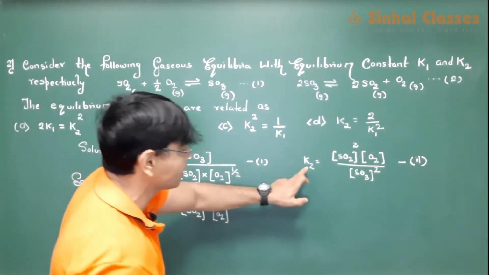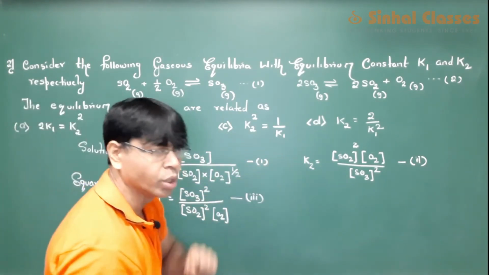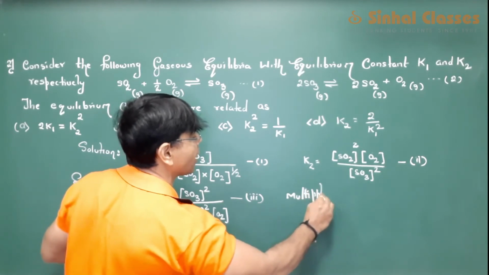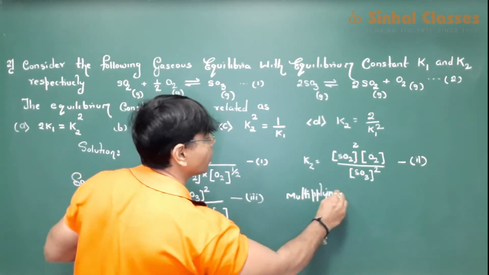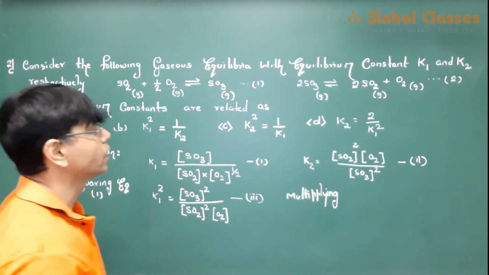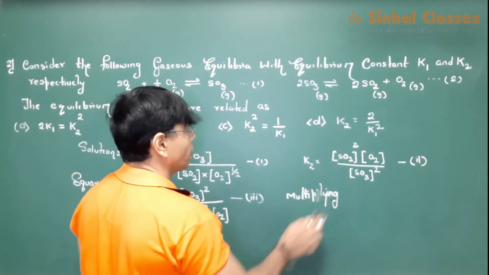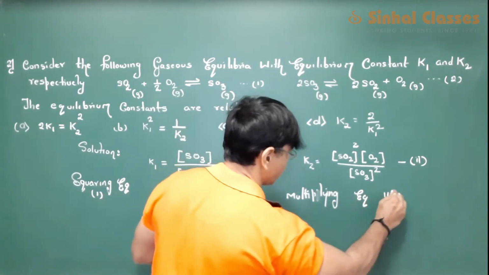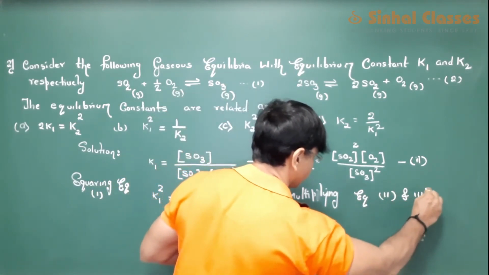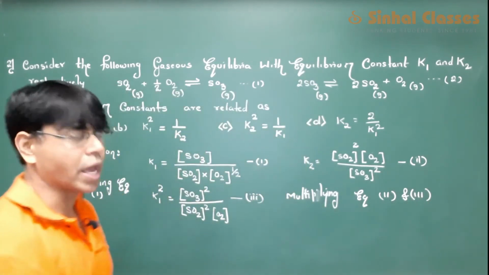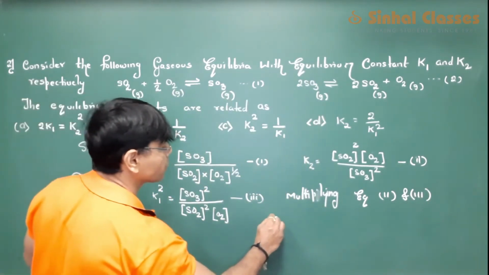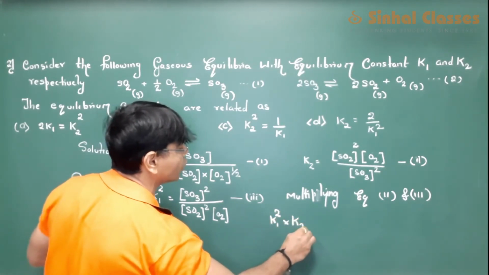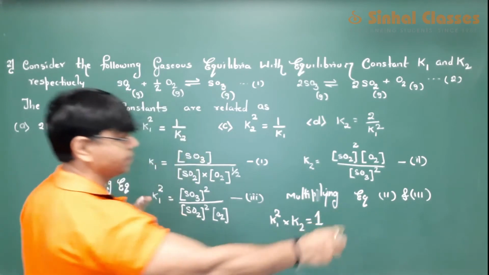Now, in order to get the relation between K1 and K2, multiplying equation 2 and 3, what do we get? K1 square into K2 will give us answer 1.